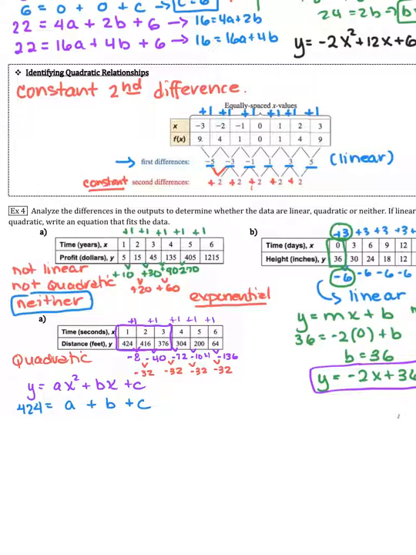The next equation will have 416, but x is now 2, so 2 squared is 4a plus 2b plus c. And our third equation, 376, so x is 3, so that becomes 9a plus 3b plus c. Notice none of your c values will ever have a coefficient because they're always just a constant.